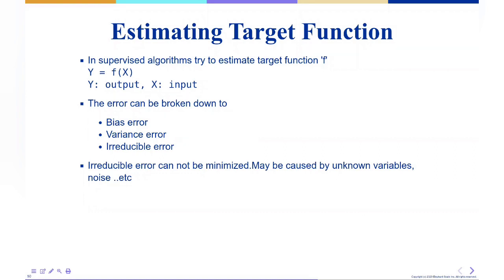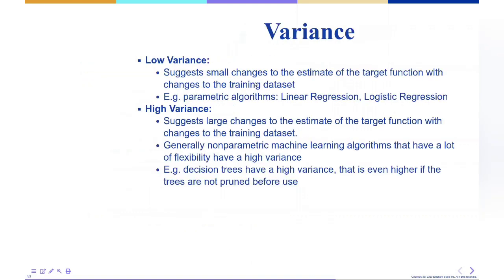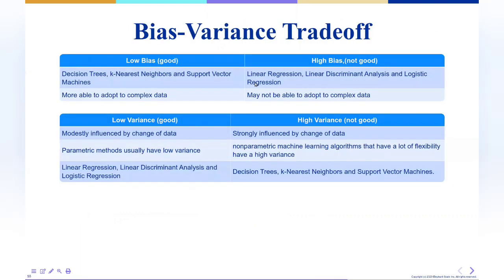Remember, algorithms have, let's say this is what I'm trying to predict, and this is my formula, some function of x. Now, if your algorithm makes very strong assumptions about f, that means the function has bias. So it's called the bias variance trade-off.